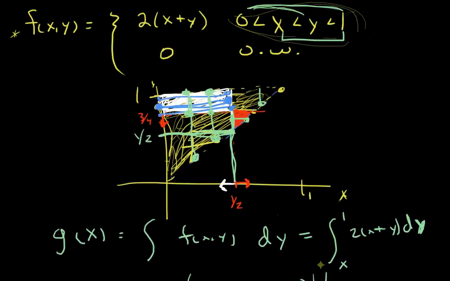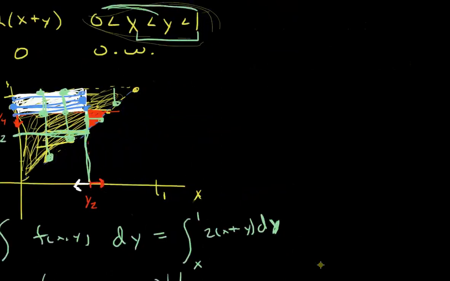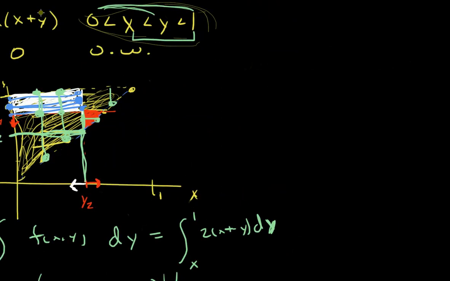All right, you should also be able to find the marginal of y. So I'll just set that up. I'll leave it for you to solve. The marginal of y, you would integrate over x. Now, if I'm integrating the joint over x, where does x travel? X travels between 0 and y.